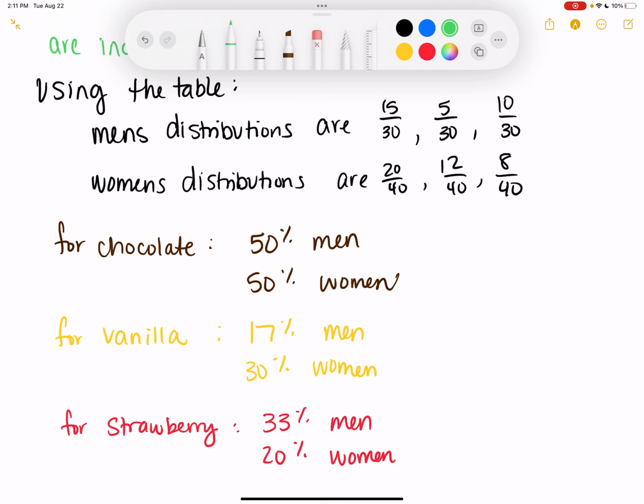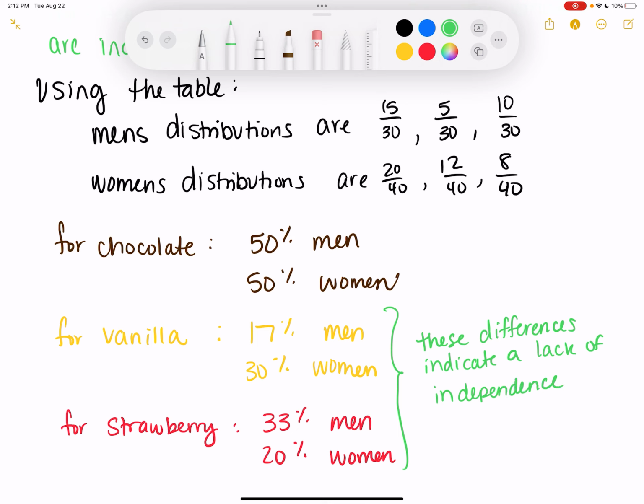Now, if we just looked at chocolate, we would say they're independent because they come out to be the same. But when we get down to vanilla and strawberry, they are not the same percentages, or at least pretty close, within like 1 or 2%. That would tell us that there's a lack of independence here, because the percentages are too vastly different. I usually say if it's just 1 or 2% off, then it's fine.